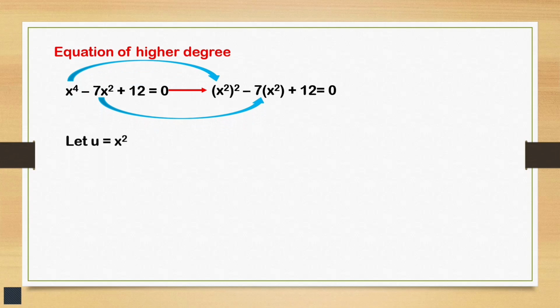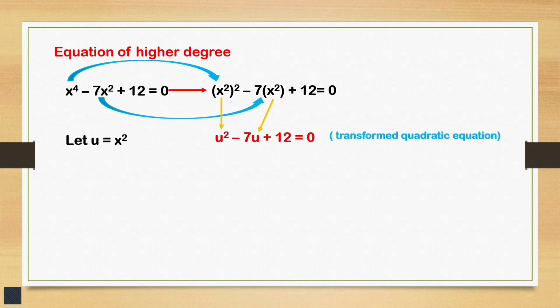Now, if we let u be equal to x squared, this equation will become u squared minus 7u plus 12 equals 0, because we replace x squared with u, and therefore, this is the transformed quadratic equation.